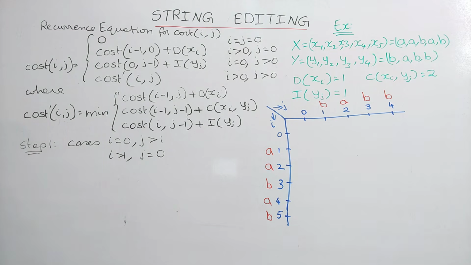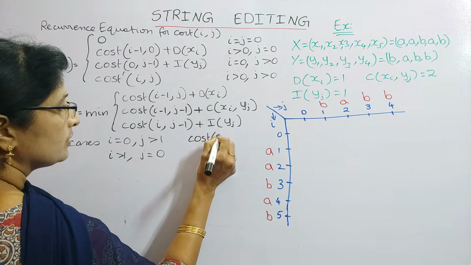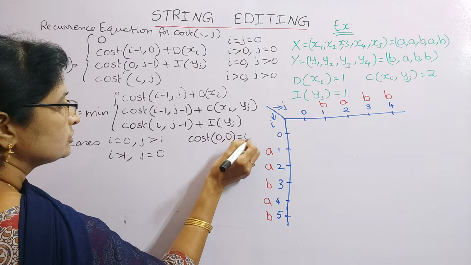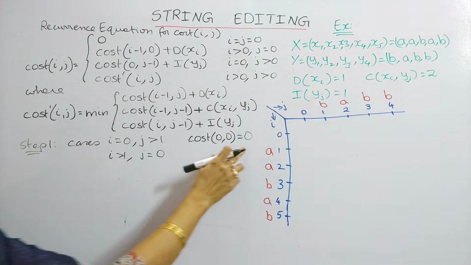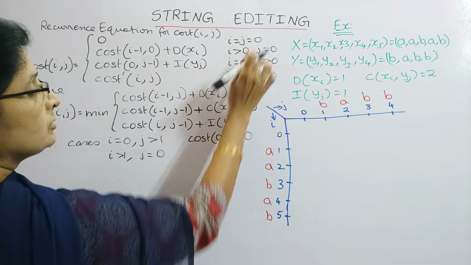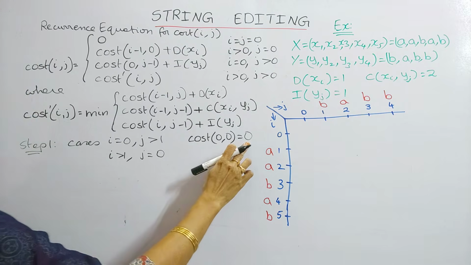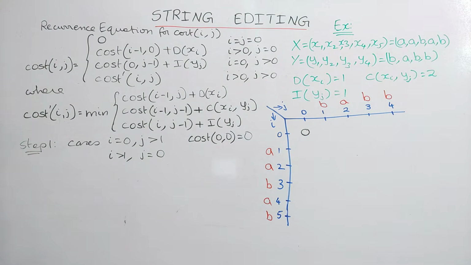For all these cases you have to compute. Initially cost of 0, 0 starts with 0, because if I is equal to 0 and J is equal to 0, then cost of 0, 0 is 0. So that's why you start with the cost of 0, 0.